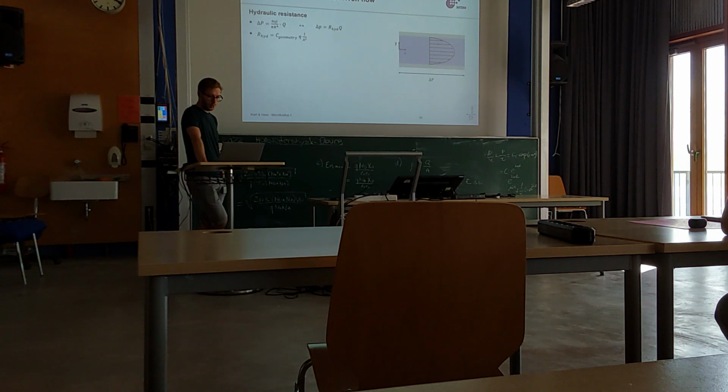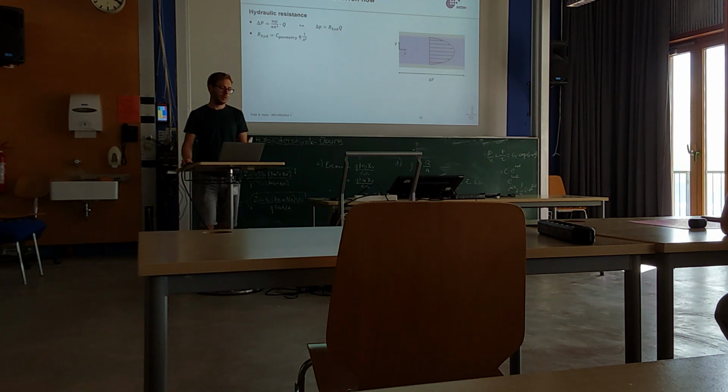And when we are talking about this Hagen-Poiseuille equation, we also have to talk again about the hydraulic resistance. This is just Hagen-Poiseuille rearranged, and you can directly see that it looks like this. The difference in pressure equals some kind of hydrodynamic resistance times the volume flow.